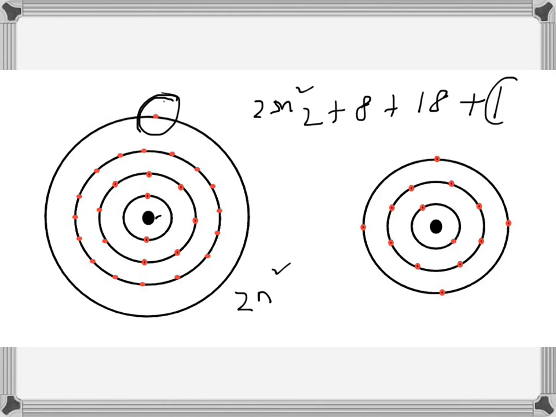This last orbit has only 1 electron, and the attraction between the nucleus and this electron is very small. This electron is virtually free and very much ready for free flow. It just moves around in a copper solid.